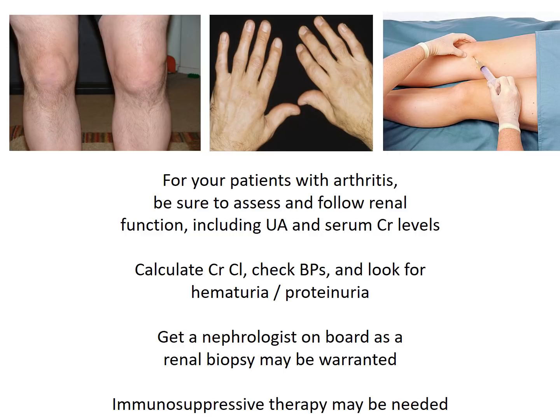And again, managing some of these patients may require immunosuppressive therapy, trying to minimize the risk of the tissue being damaged by inflammation. We talked a lot about immunosuppressive therapy in previous lectures, when we were talking about arthritis and dermatitis.